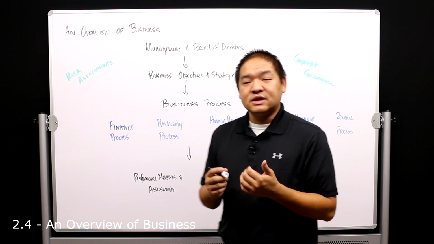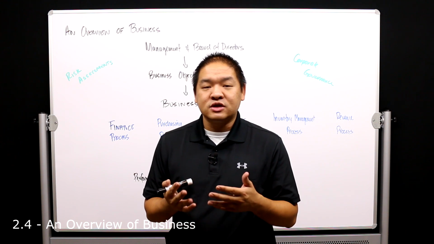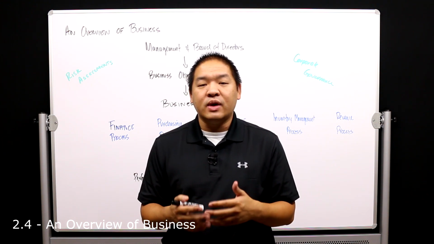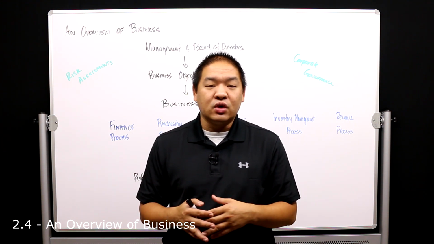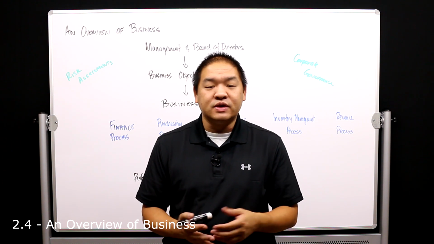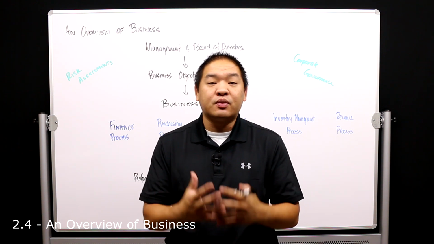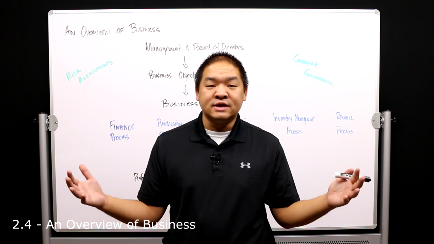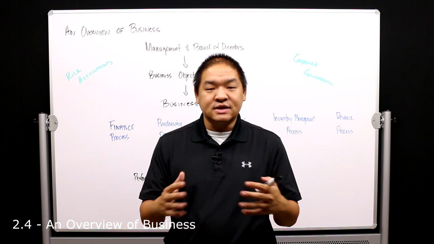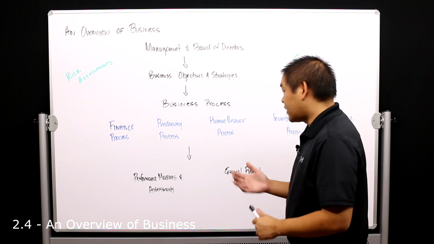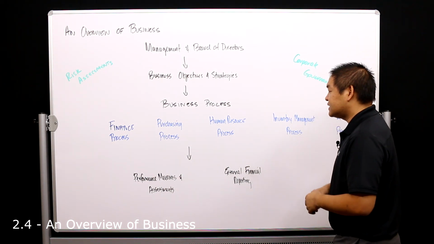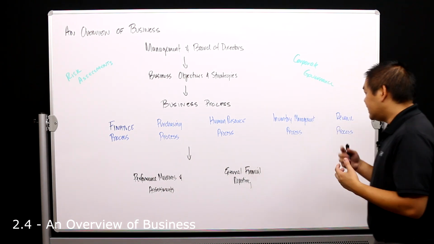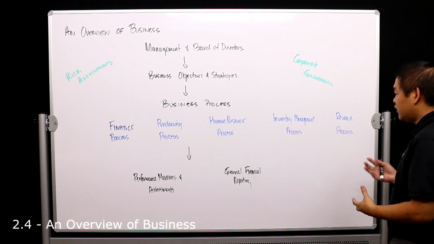Now, when an auditor walks into an organization, the question that always comes to their head is, how do we audit this organization? And so what most auditors do is we separate into the 5 major processes of an organization. Those major processes include the finance process, the purchasing process, the human resource process, the inventory management process, and the revenue process.